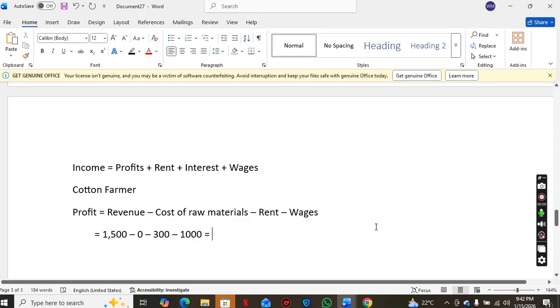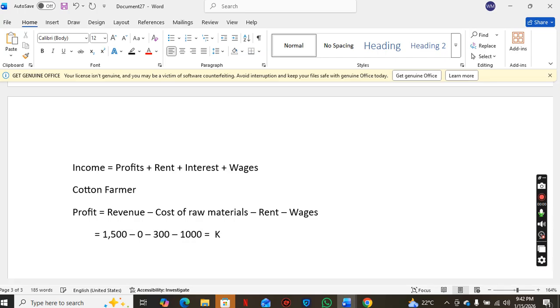So 1,500 minus 300 is 1,200. 1,200 minus 1,000 is 200 kwacha. That's the profit the cotton farmer made.